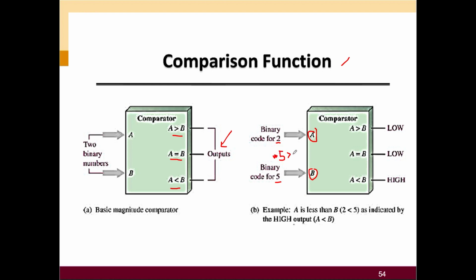So a is less than b, as indicated by the high output for this output only, because this is the true answer. So this is how it functions.